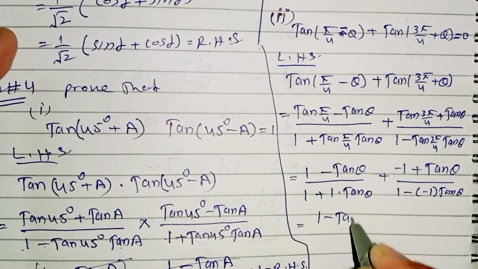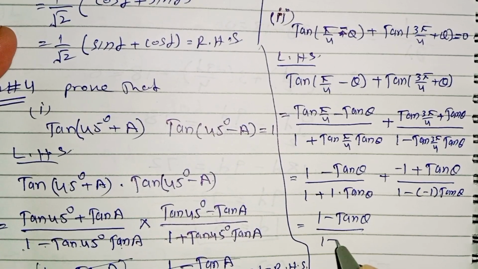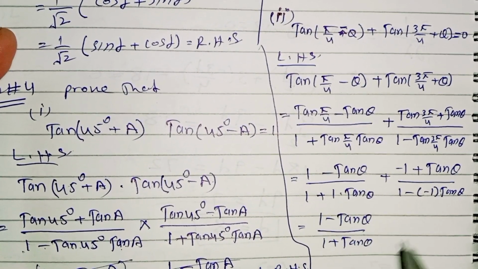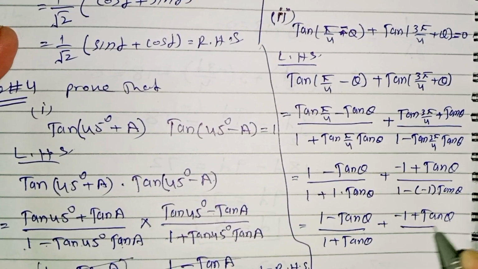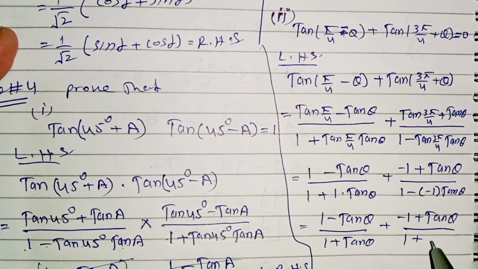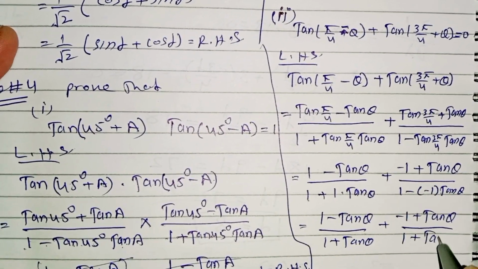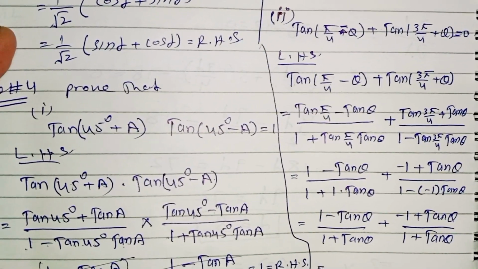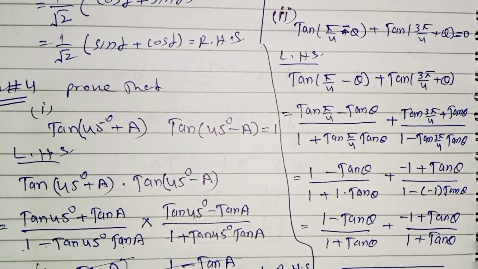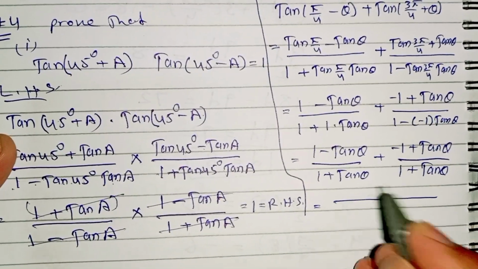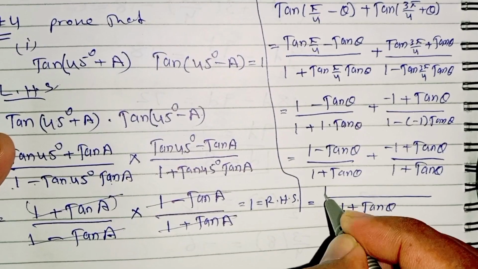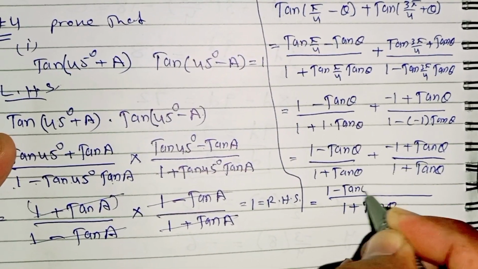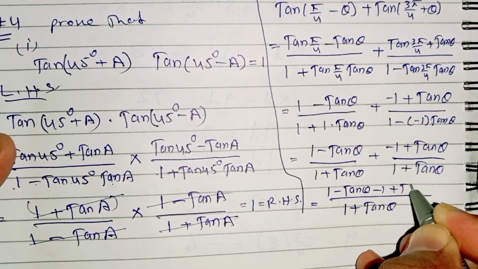1 minus tan theta over 1 plus tan theta plus minus 1 plus tan theta over 1 plus tan theta. Negative into negative becomes positive. Taking LCM on both fractions, we have 1 plus tan theta in the denominator, while in the numerator we have 1 minus tan theta minus 1 plus tan theta.